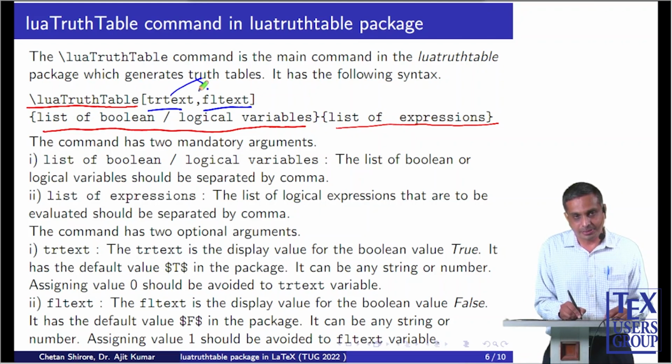Trtext can accept any value which is to be assigned to the true variable, and fltext can accept any value which is to be assigned to the false variable. Trtext has a default value of t, which is enclosed in mathematics environment, and fltext has a default value of f. Assigning value 0 should be avoided for the trtext variable. Similarly, assigning value 1 should be avoided for the fltext variable.